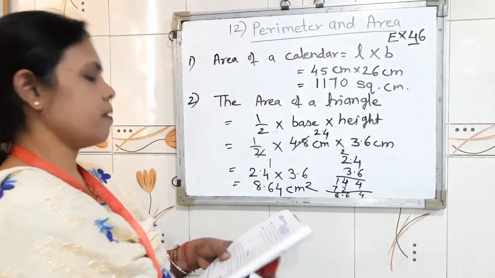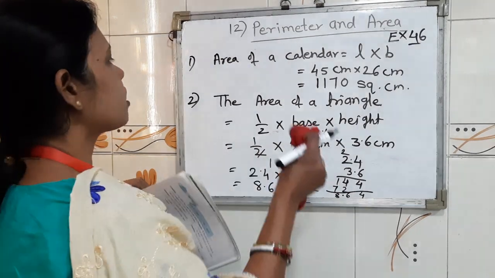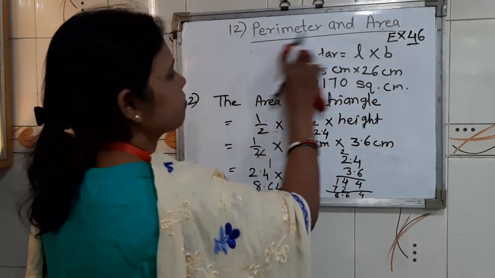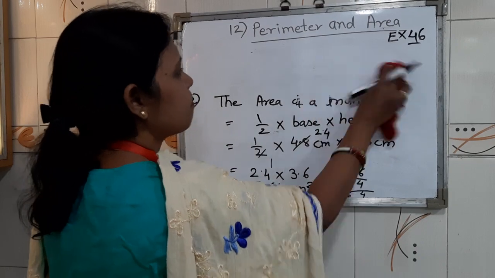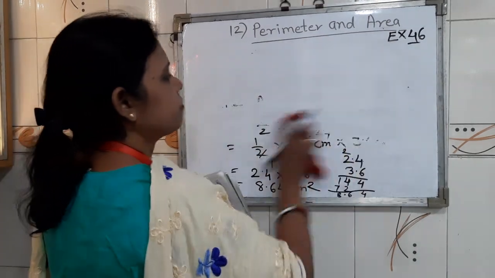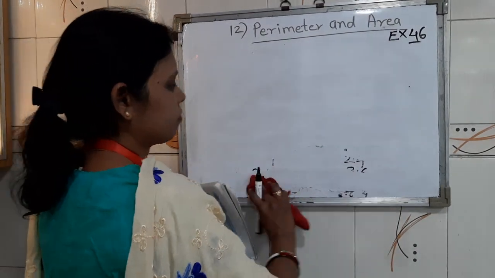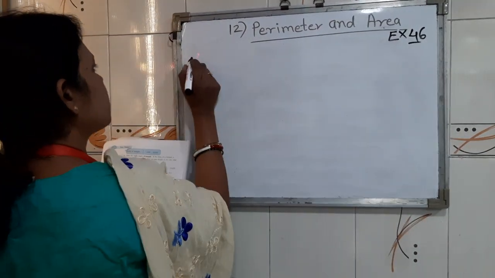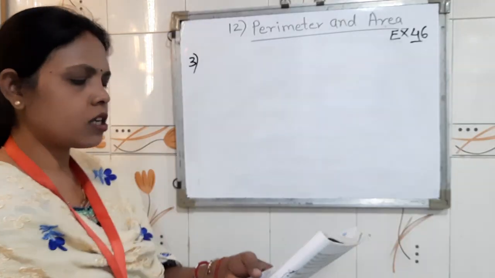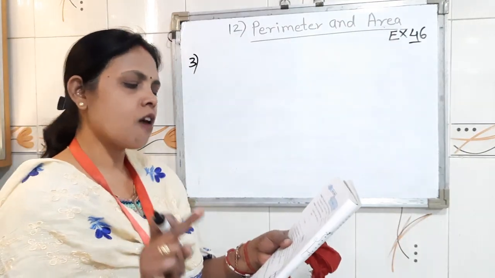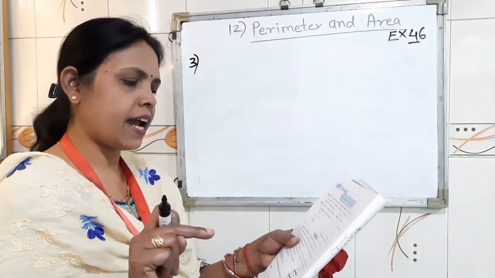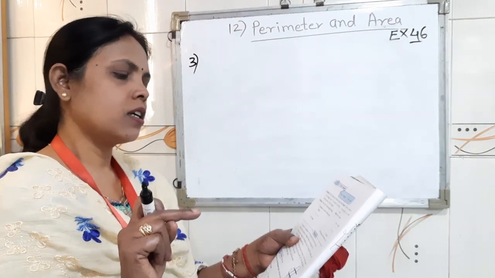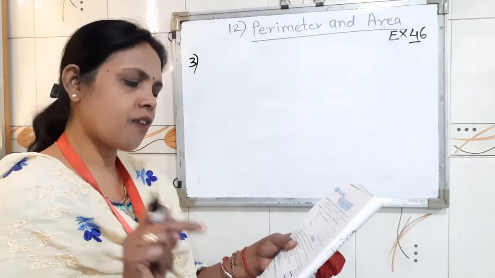So children, here in our question number 3, the value of rectangular plot of land is given. 75.5 long.